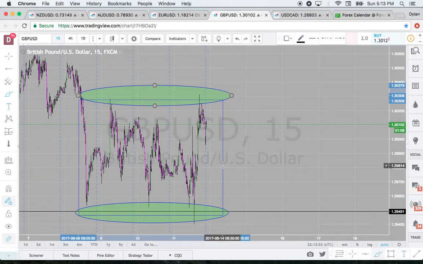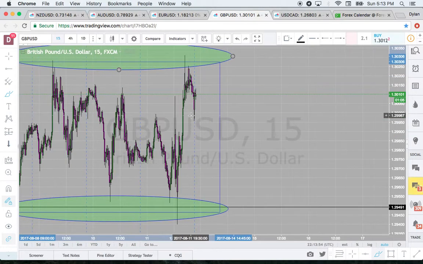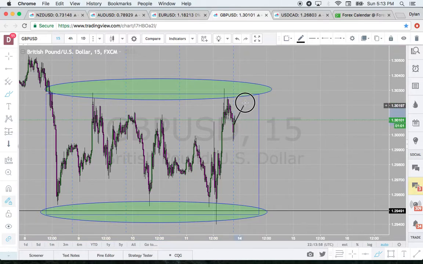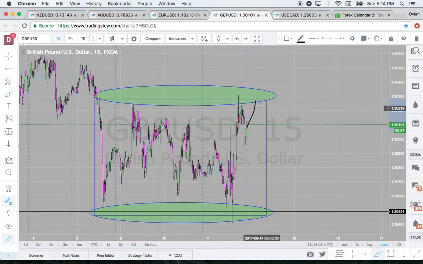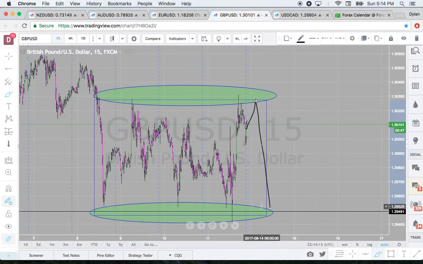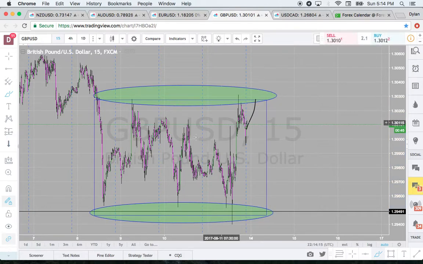And what can we expect? Well, possibly a spike to the high of the previous day, the previous structure high, and then come down, just like we are expecting on the other USD related pairs. Now this could be totally opposite.